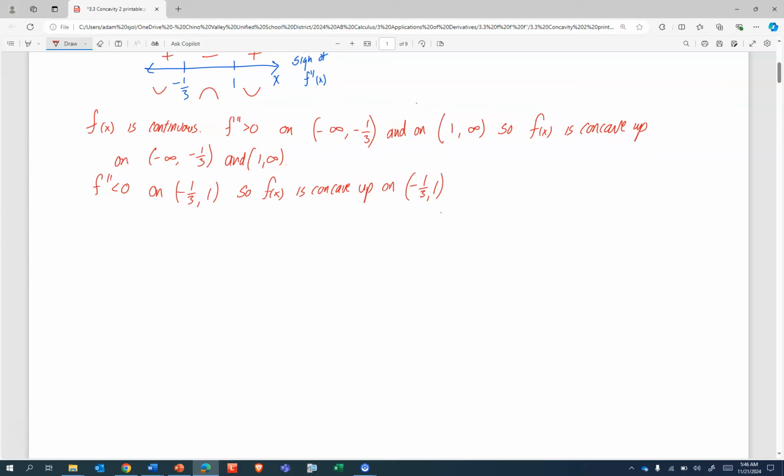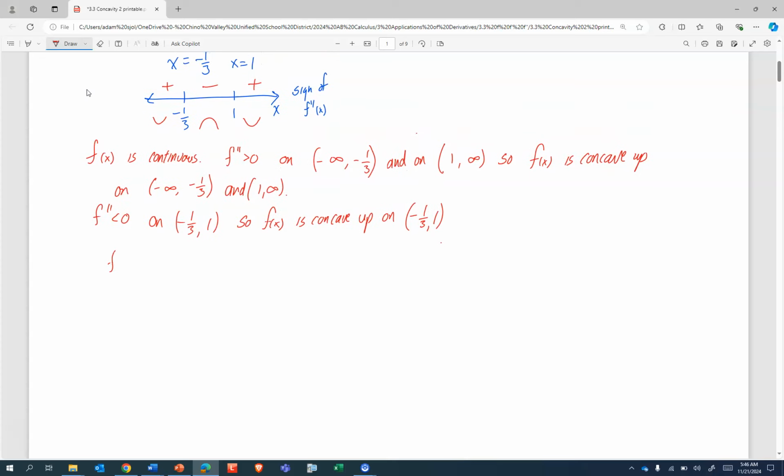And we need to do points of inflection. You might think you have enough justification here, but you really have to dot your I's and cross your T's, so we'll just say f double prime changes signs at x equals negative 1/3 and x equals 1.